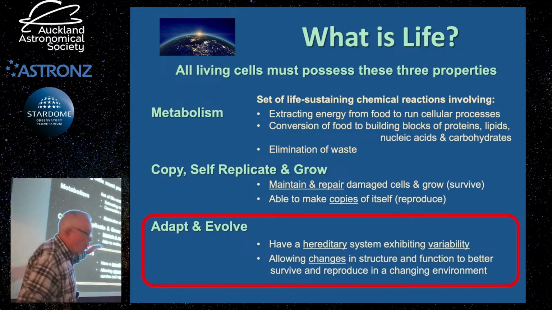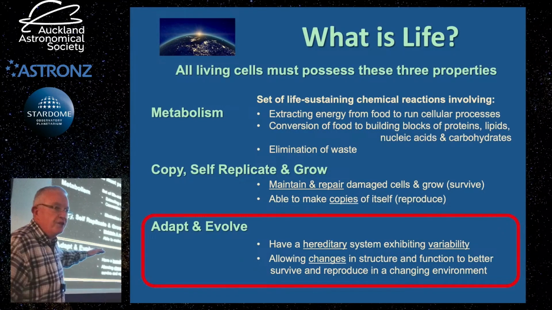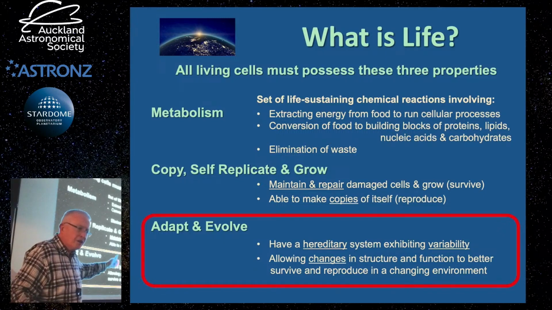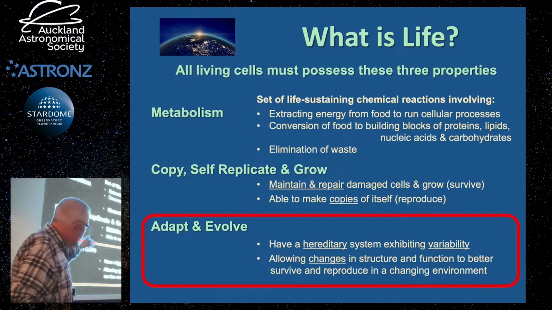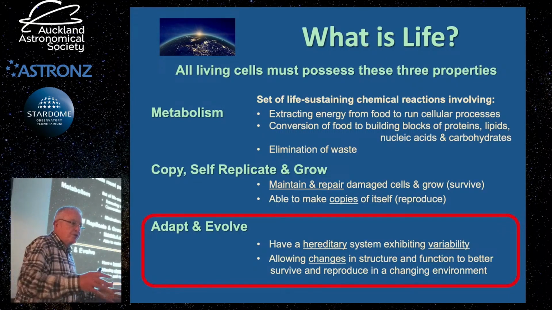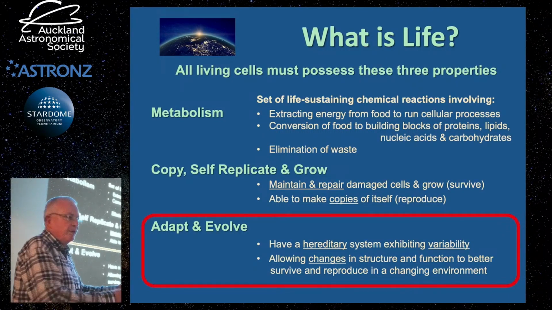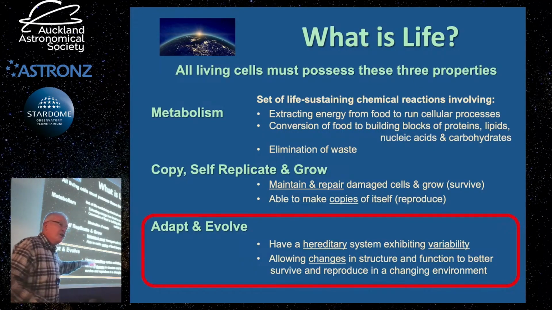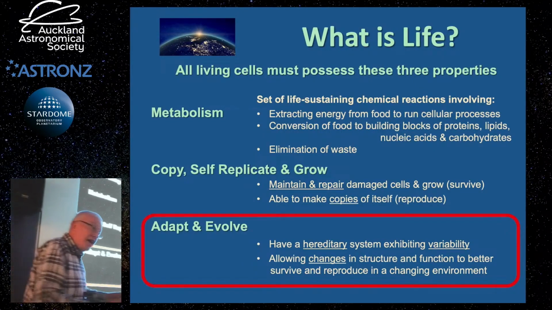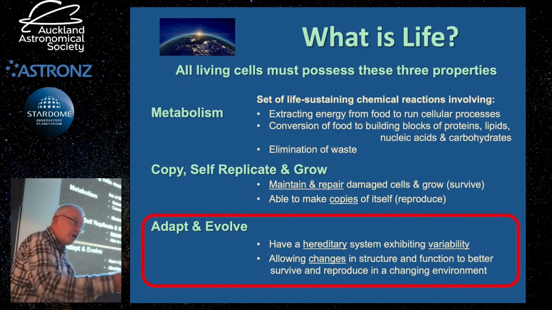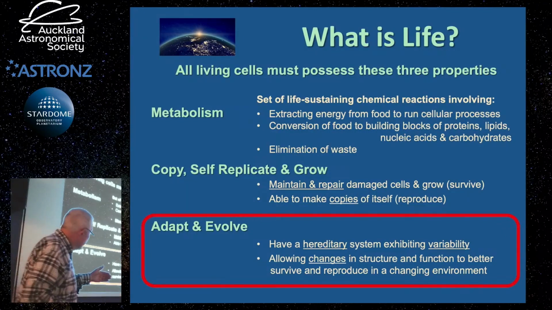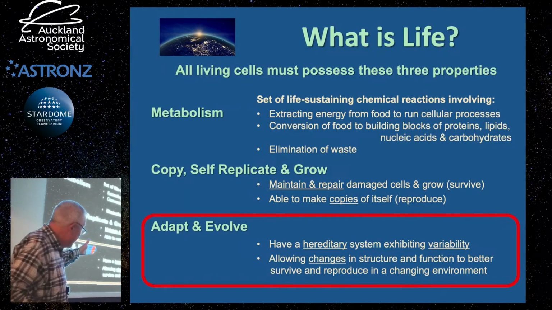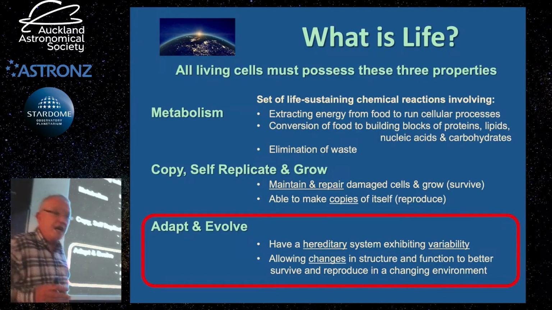Because that will allow changes to occur, changes in structure, changes in function, some of which are favourable, some of them aren't. The ones that aren't die off, but the ones that are favourable tend to reproduce more. And if you've got changing environments going on, you're going to need change in structure, change in function. That's what allows life to survive and reproduce in a changing environment.